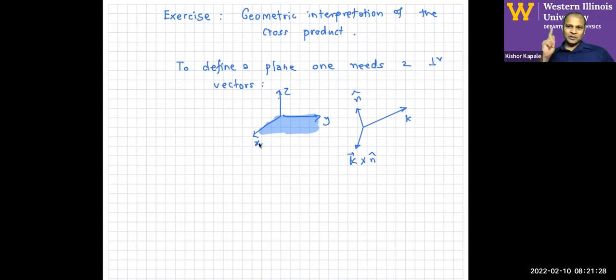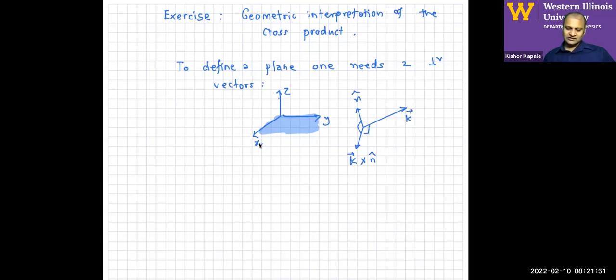Because it is going to be perpendicular to n, it has to lie in the same plane as k. And the fact that it also needs to be perpendicular to k tells you that it needs to be 90 degrees away from the direction of k.